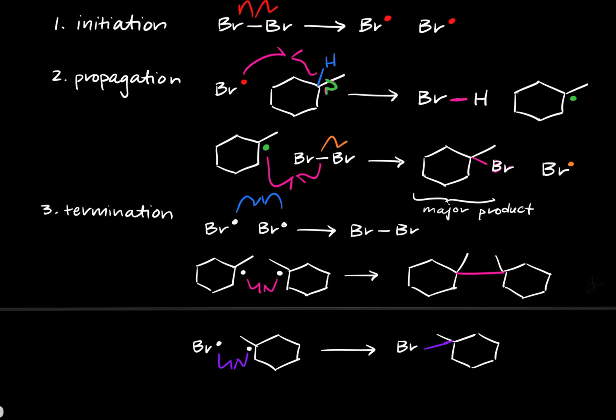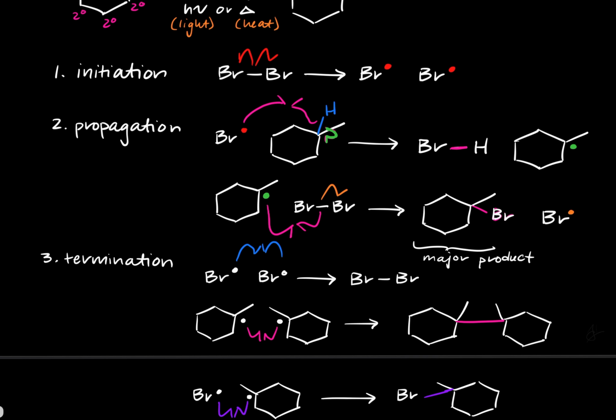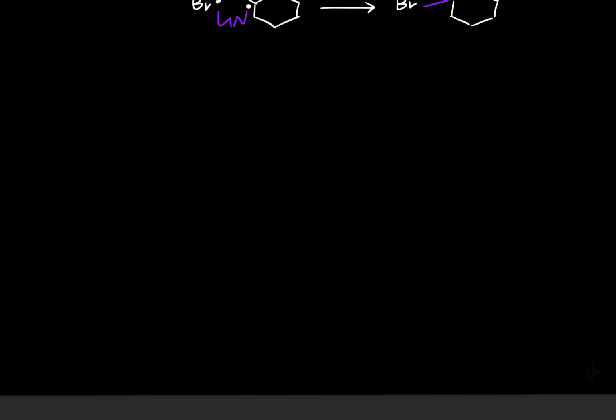So all three are potential termination steps that we could have gotten. So this is the complete mechanism for this particular reaction. Let's do one more mechanism together to see if we understand.